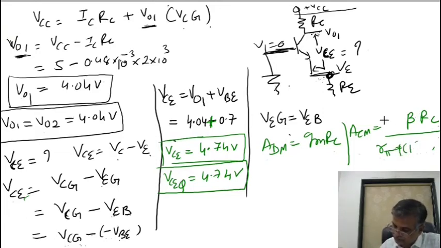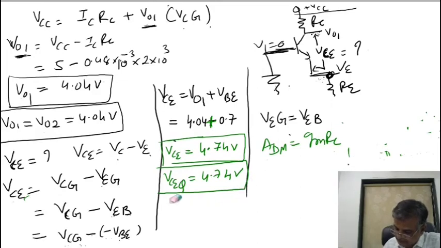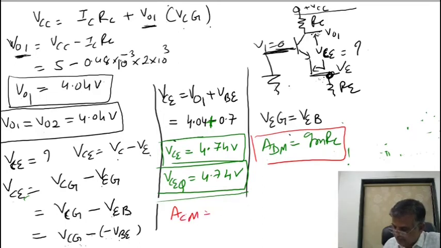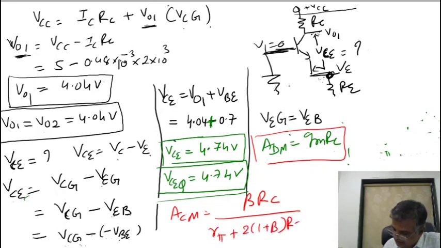I think this has become congested here, so let me write here. This is your equation ACM. What is ACM? Beta into RC upon r pi plus 2 into 1 plus beta into RE. So let us calculate this value.